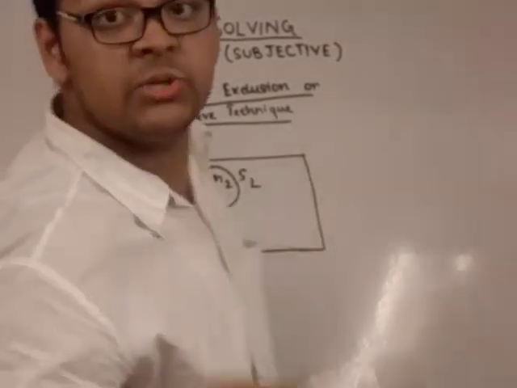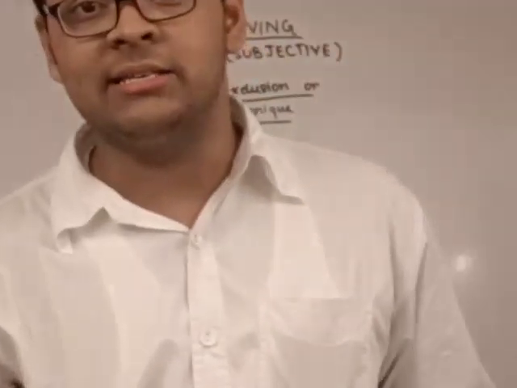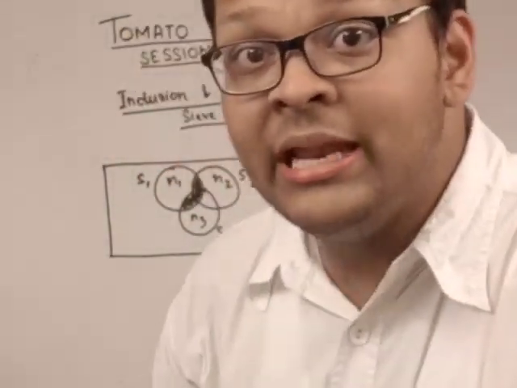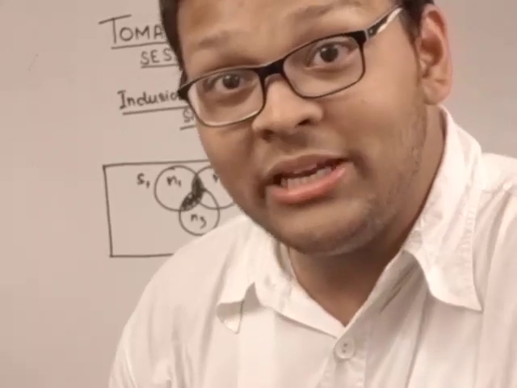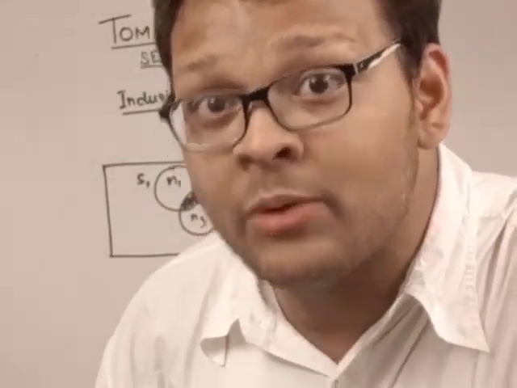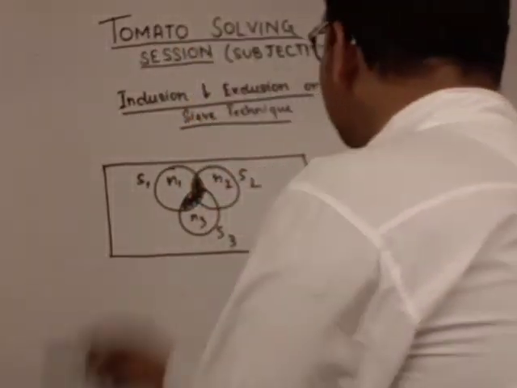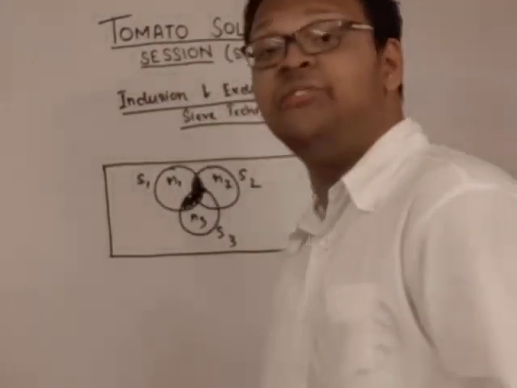Those portions were counted twice or thrice, but we need to count them only once. Otherwise that will be an overcounting problem, which will lead to an error in the result. So we need to subtract what is not needed, and that's why it is known as the inclusion and exclusion or sieve technique.